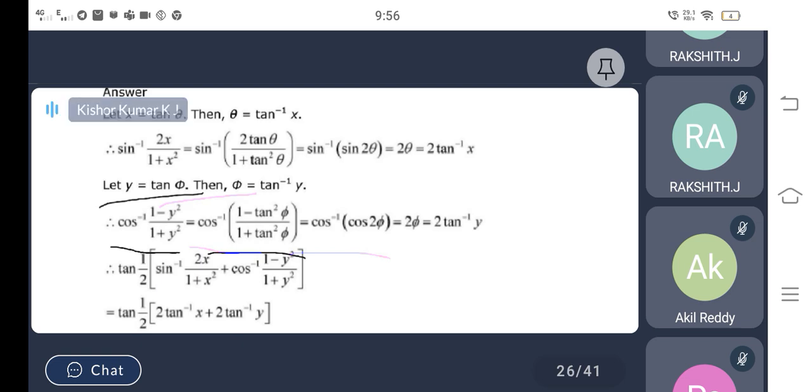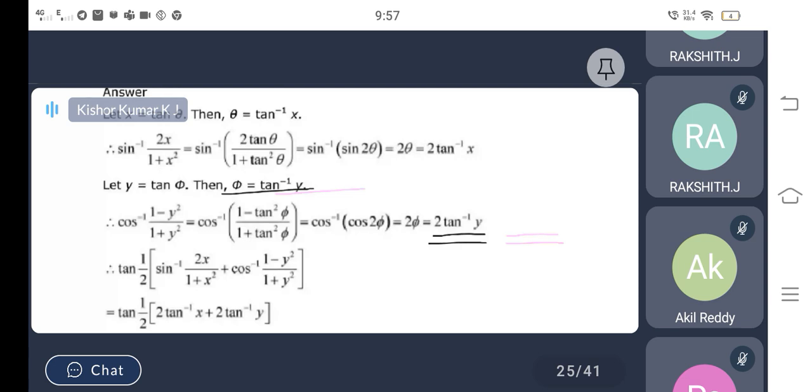We know this expression inside the bracket is the formula for cos 2 phi, the same as cos 2 theta but with phi. Again we cancel cos and cos inverse and are left with 2 phi, which is 2 tan inverse y. So finally we have both the values.